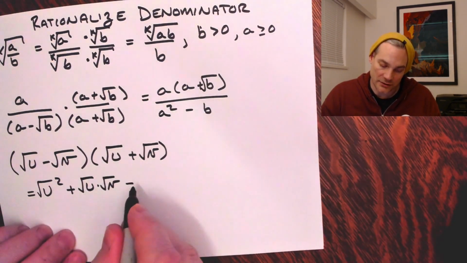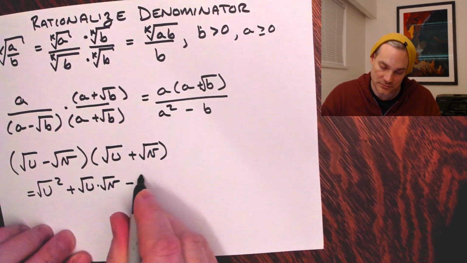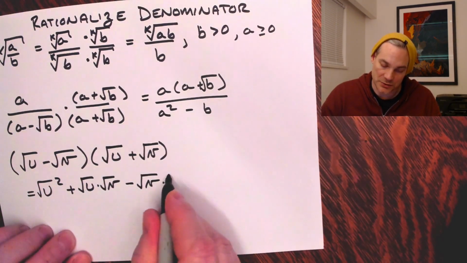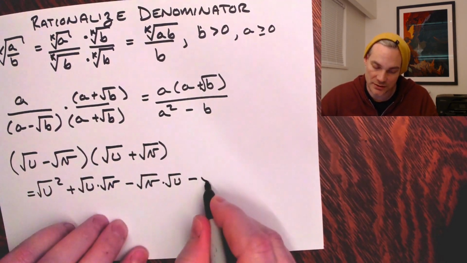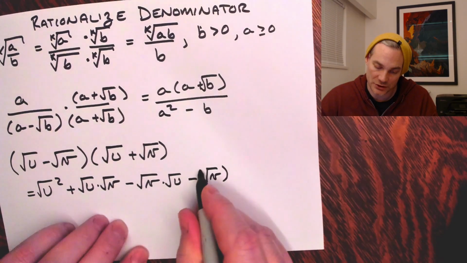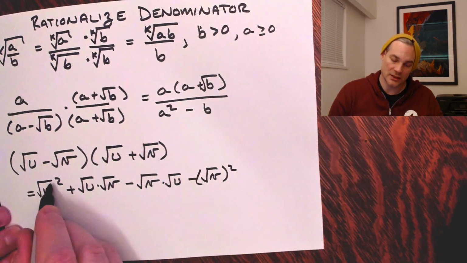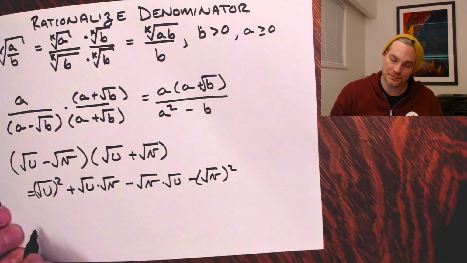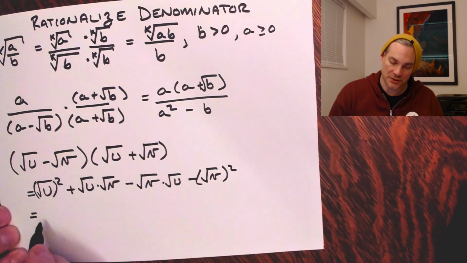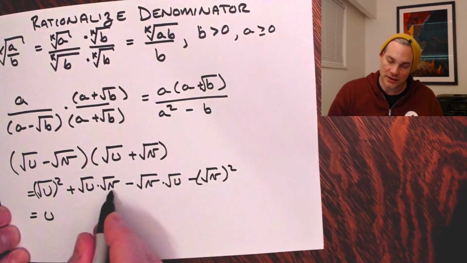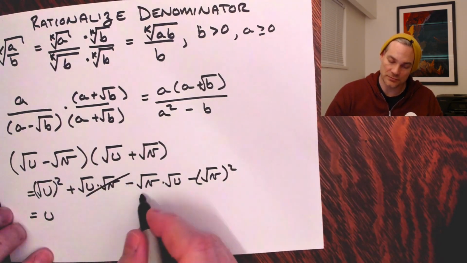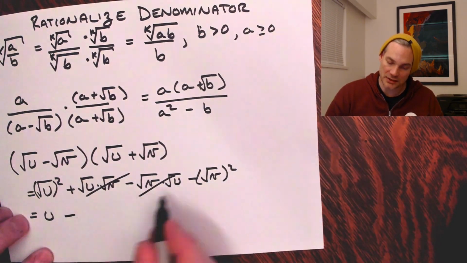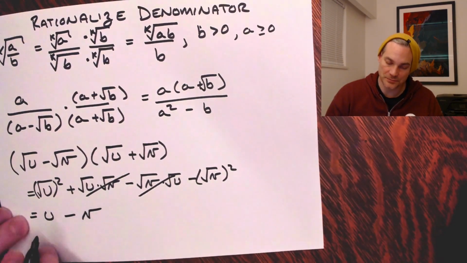And then I have negative root v times root u. And then I have the negative times the positive root v, and I have two of them, so I square it. I put brackets around that. So that squared is just u. The order of these doesn't matter, so these two cancel out, right? And then I just have the minus, and this squared is just v.